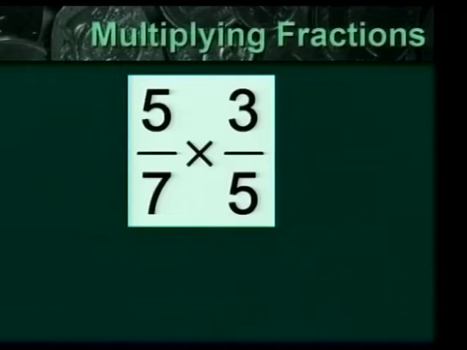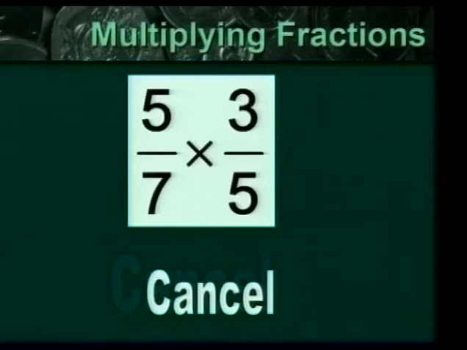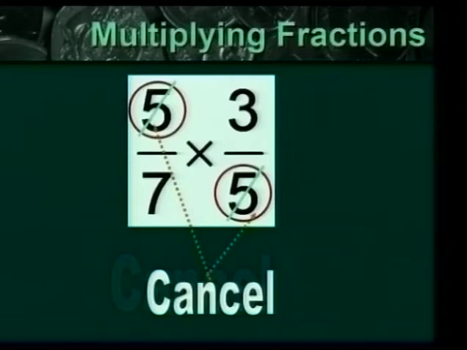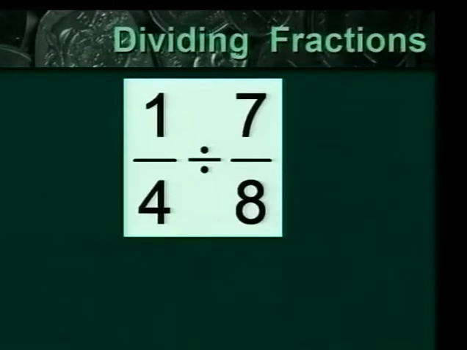Receiving students? Okay, the numbers are 5. You can cancel out 5. So 5 divided by 5 is equal to 1. 5 divided by 5 again is equal to 1. And then you multiply across.